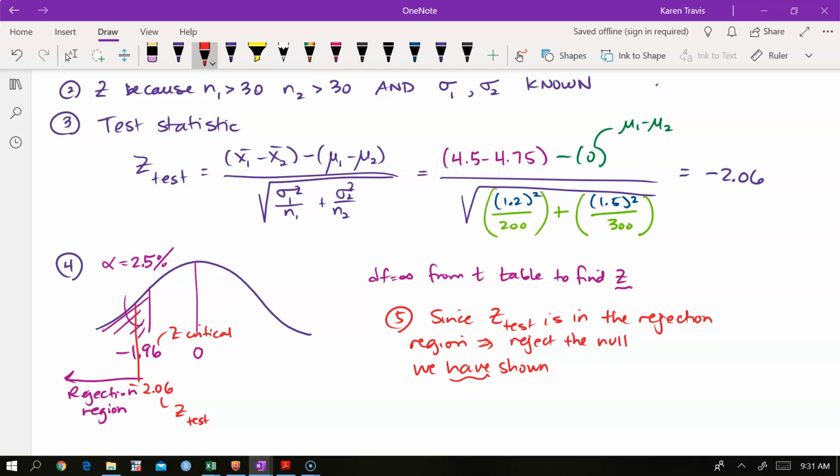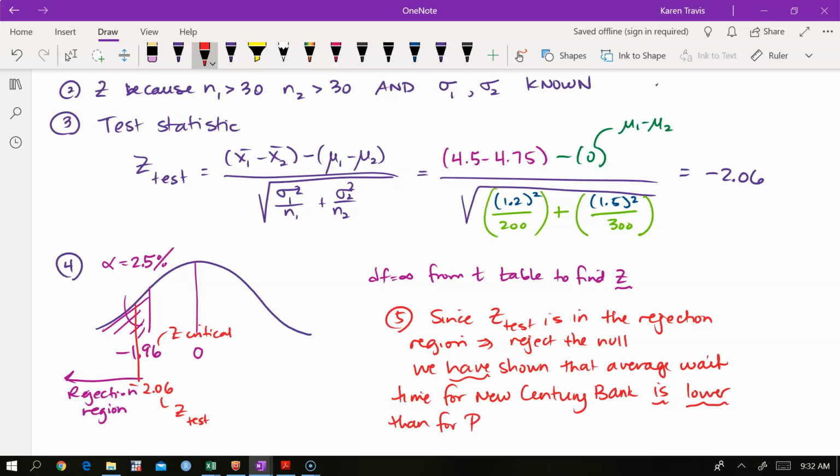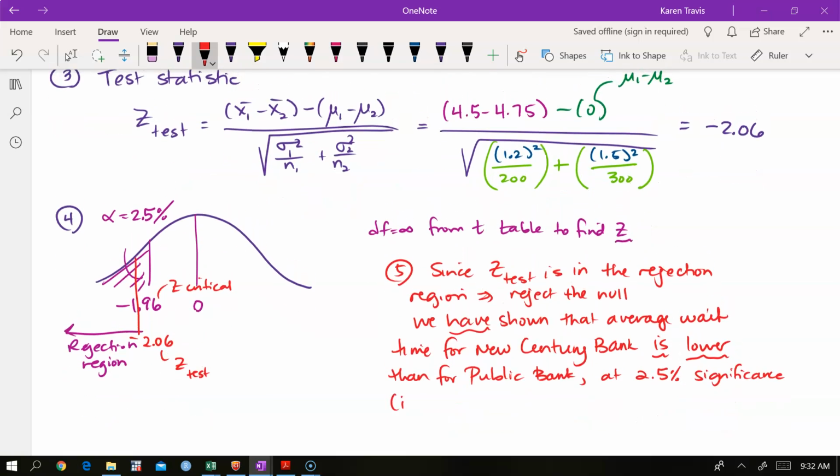We have shown that average wait time for New Century Bank is lower than for Public Bank at 2.5% significance. And just as a reminder, this is not whether the samples are lower, but in the population.